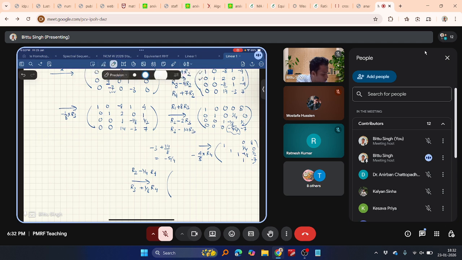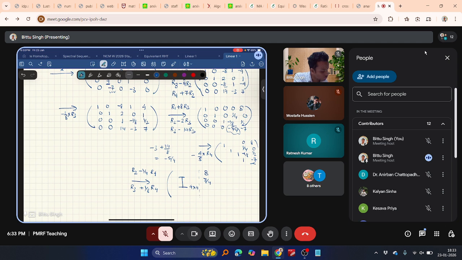So let me put a big identity 4 by 4 order, and there is another column which we need to compute. So on the first row we have not performed anything. On the second row, R2 minus 1/4 times R4. So 0, there is minus 7, 7 by 4.